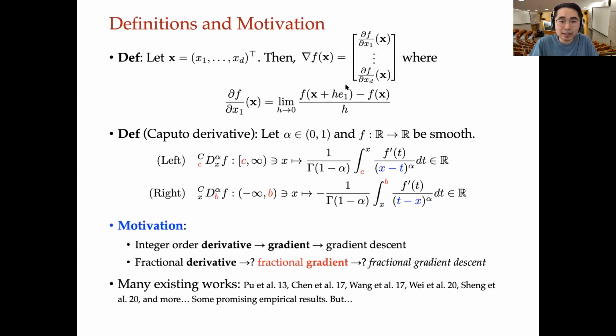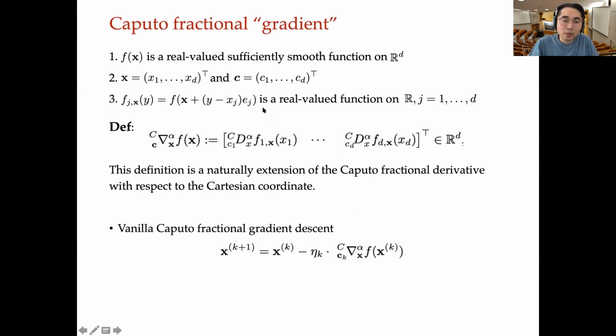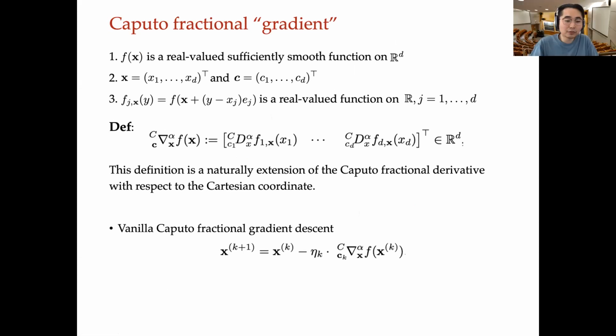As I showed before, this is how the standard gradient is defined, with respect to h and e_1, and this is the analog of how I define the Caputo fractional gradient. With the fractional gradient defined, the vanilla Caputo fractional gradient may be written in the following manner.